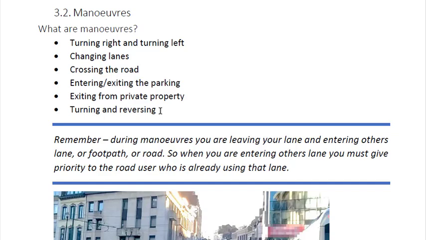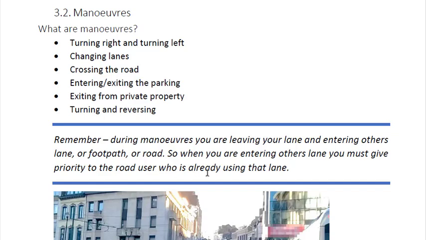And what is important to remember during a maneuver is that you are actually leaving your lane and entering others' lane or footpath or road. So when you are entering others' lane, you must always give priority to the road user who's already using that lane, right?